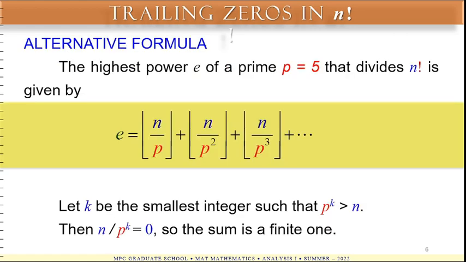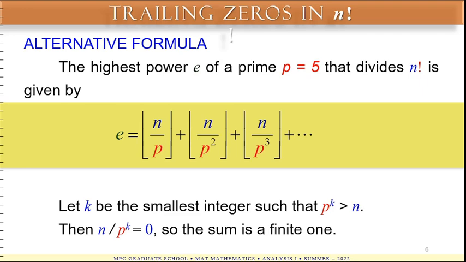So if the n factorial is higher, we can use the alternative formula, which is the highest power e of a prime p that divides n factorial, given by e is equal to the floor function of n over p plus the floor function of n over p squared plus the floor function of n over p cubed plus up to.